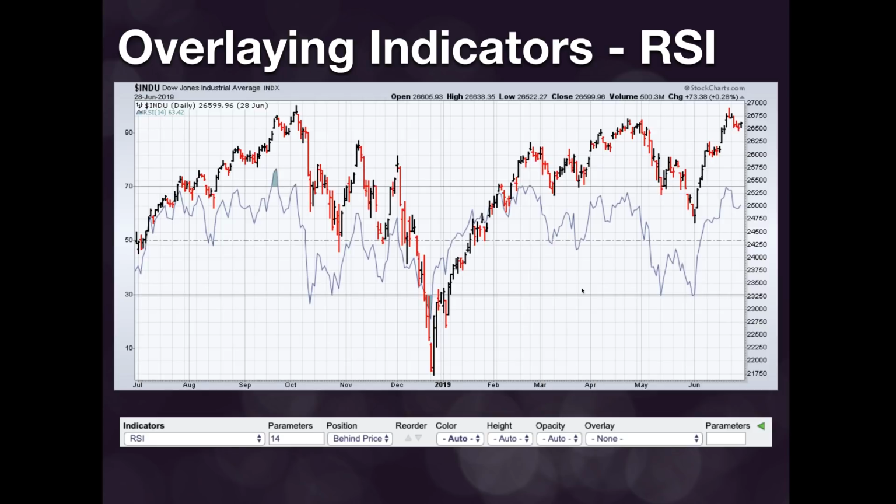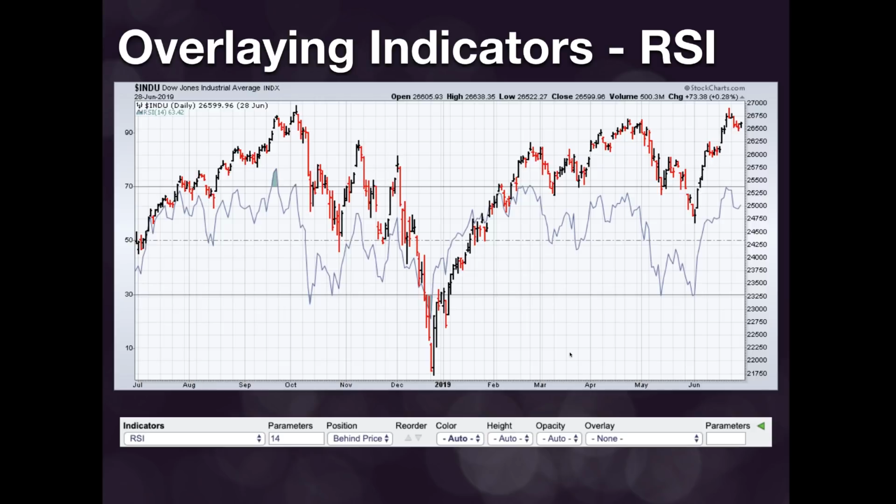But 0 to 100 isn't going to work on the vertical scale of the Dow. But in this case, we've overlaid it and we've created a different vertical scale for the overlay. And so for overlays, if it's available, we will put their vertical scale here on the left. So this is the vertical scale of the RSI, and this is the vertical scale of the Dow.